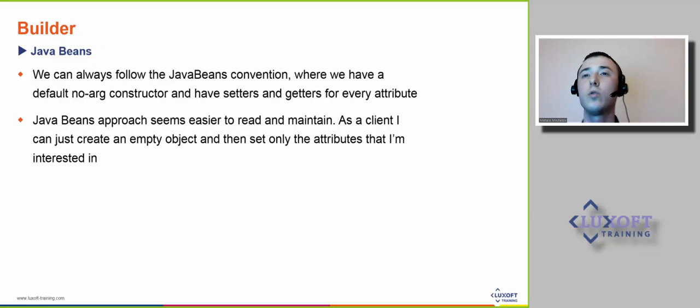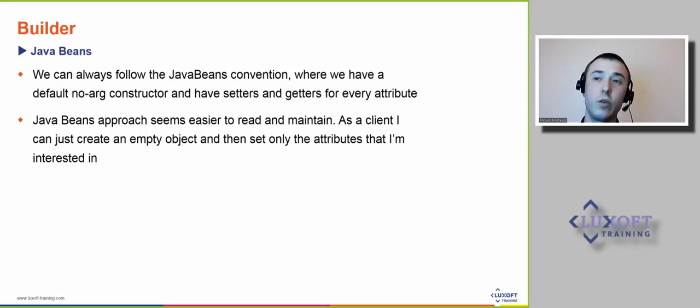But we can use the JavaBeans pattern. In the JavaBeans convention, for every field we can have public setters and getters, and a default no-arguments constructor. This approach seems easier to read and maintain, and it is generally good.